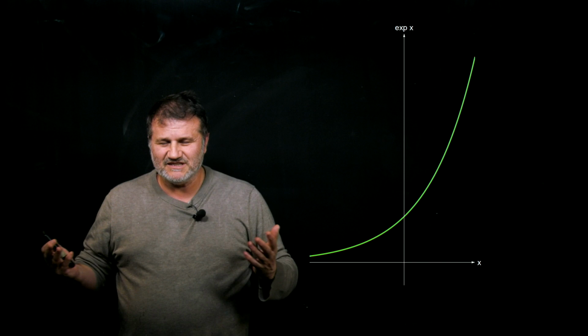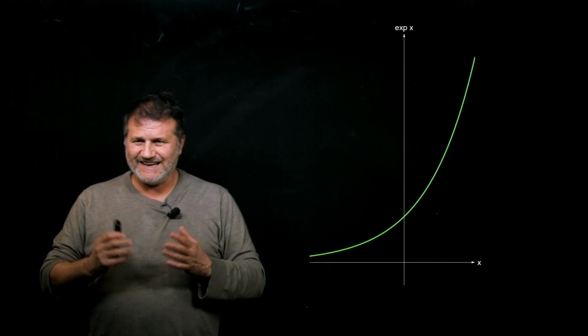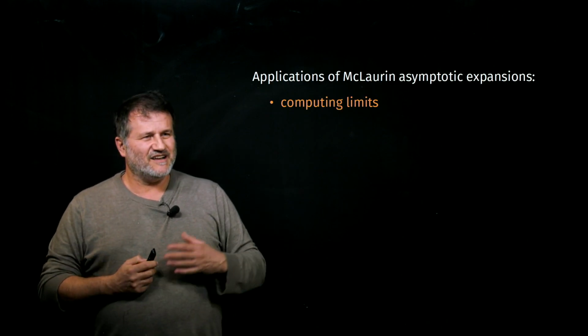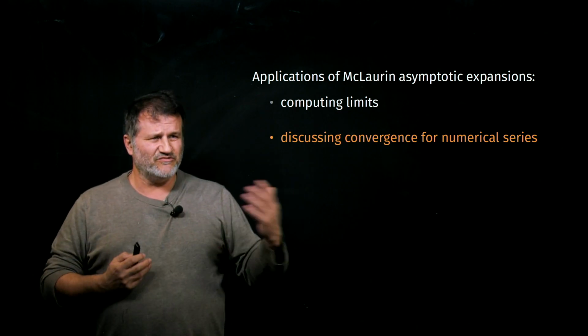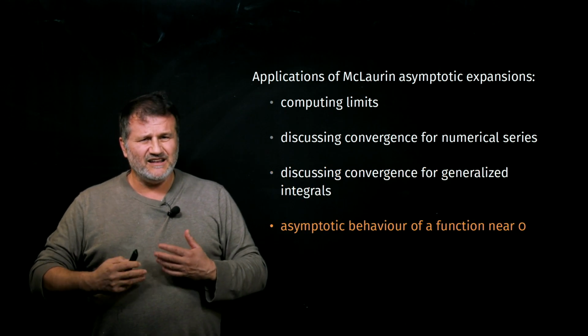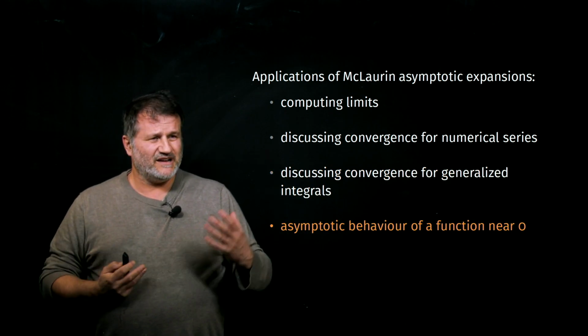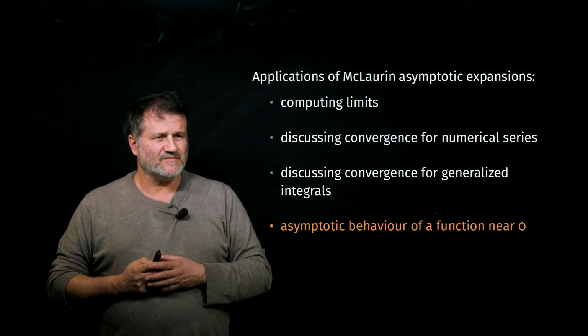So we may use this 6th degree polynomial to compute e to x in this range. Nice. Now, Maclaurin approximations are important for computing limits, to discuss convergence for numerical series and integrals, and in general, in many questions where the asymptotic behavior of a function matters.